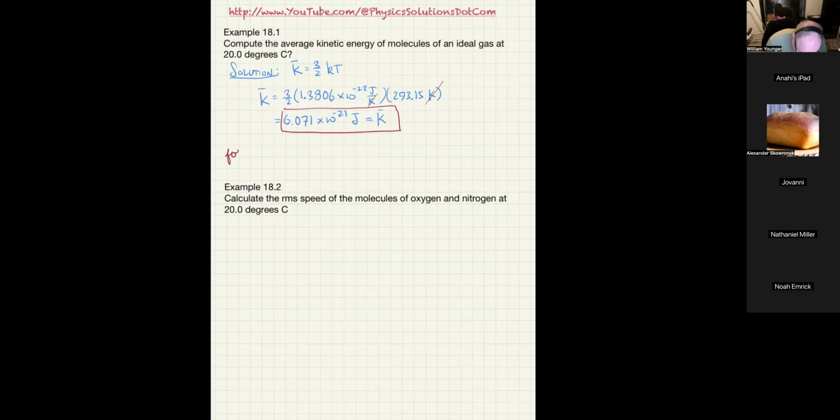For 1 mole of gas, I'm going to take the 6.071 times 10 to the negative 21 joules and multiply that by Avogadro's number, which is 6.022 times 10 to the 23rd reciprocal moles. And when I do that, I get 3,656.